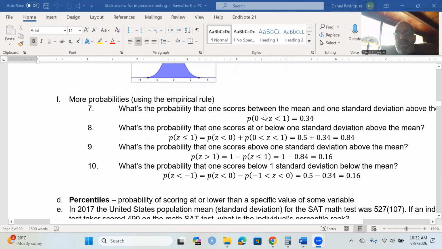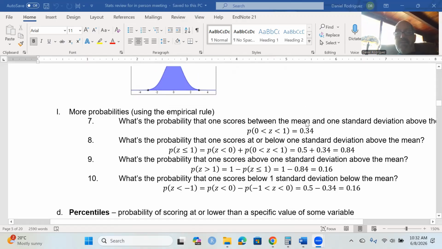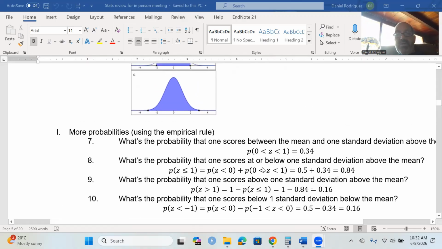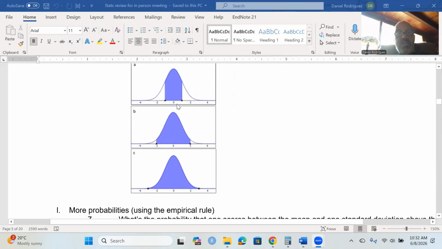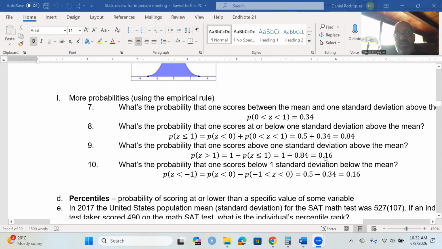I went through these different values here because, due to symmetry, they become relatively easy to solve. What's the probability one scores between 0 and 1 standard deviation above the mean? Well, we know that 68% of all values are between ±1 standard deviation, and this is symmetrical. So between 0 and 1 would be half of 68, which is 34%.